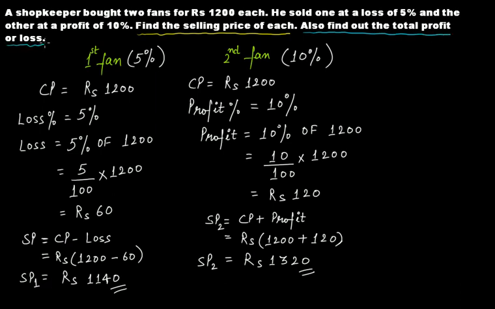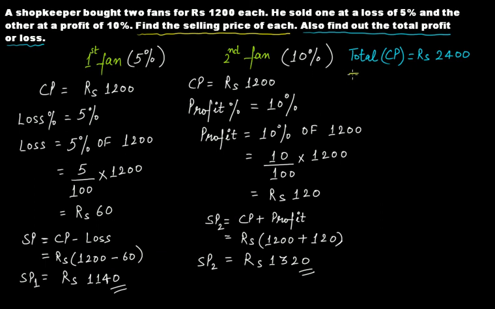Okay, so the total cost price will be how much? Rupees 1200 plus rupees 1200, right? The two fans, the total cost price is rupees 2400. Okay, tell me the total selling price of these two fans if you combine them, right? We have calculated the individual selling prices. Now add them together.